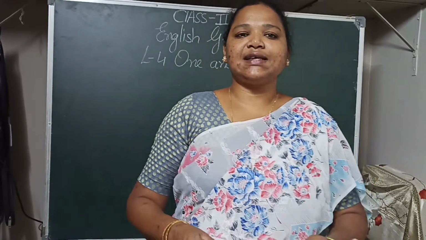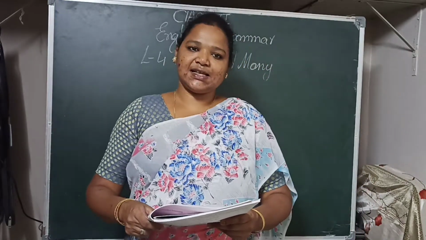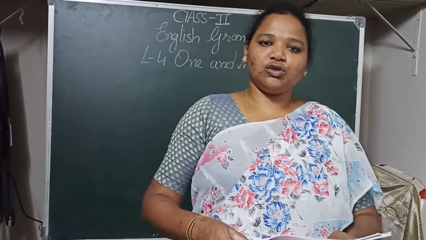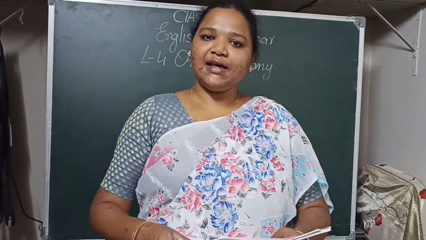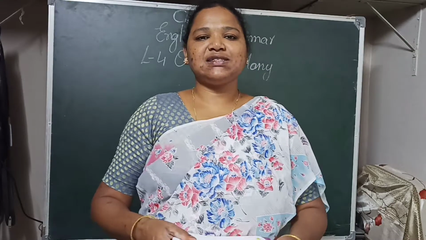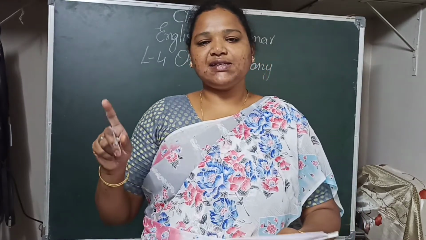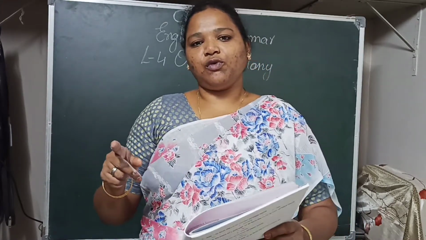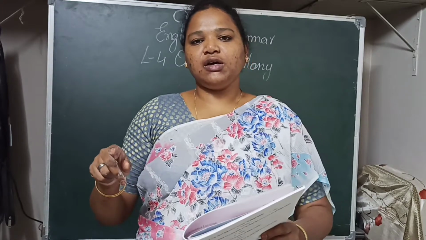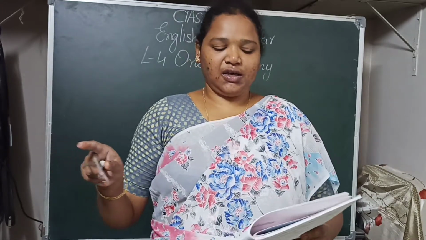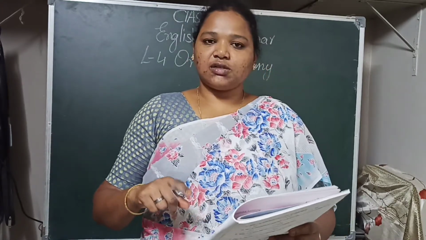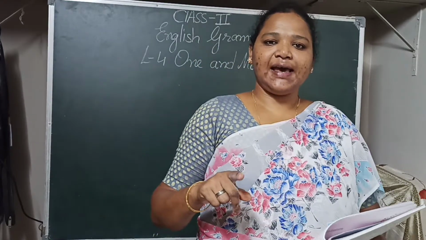Okay, so for words ending with s, x, sh and ch, to form a plural noun we add es. Like for example, bus. The last letter is s. So the plural form we write is buses. Then box. The word is ending with x.